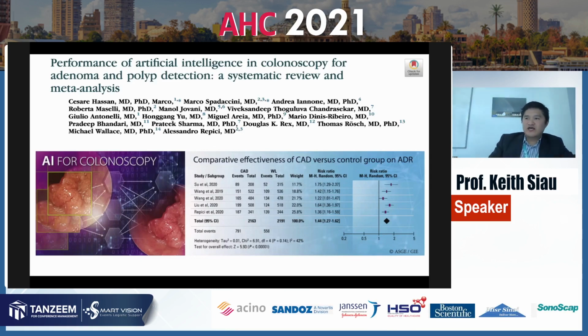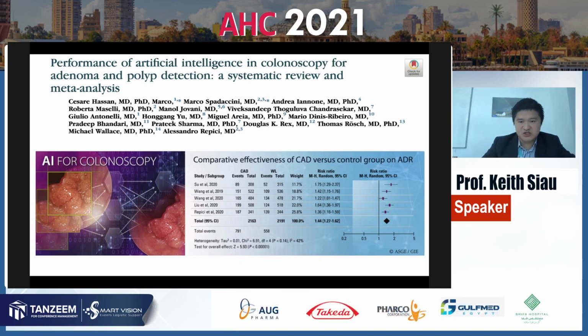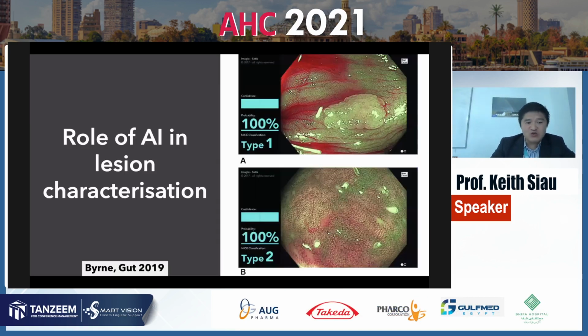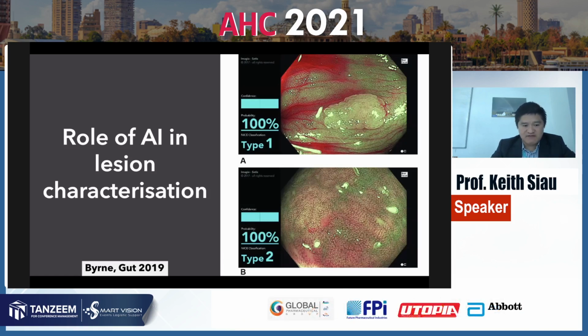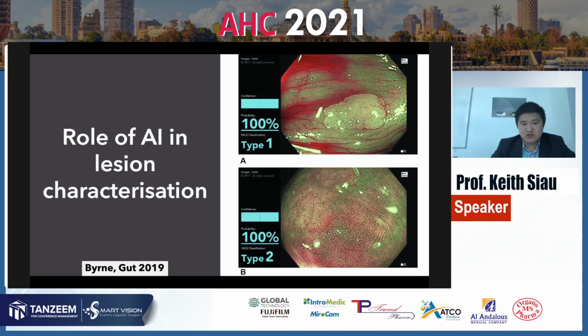And it's been shown that AI not only improves polyp detection, as shown in this meta-analysis of superstars, some of whom may have spoken at your conference already, but also there's a role in characterizing. So this platform can characterize between NICE type 1 and NICE type 2 or type 3 lesions, and it even gives you a probability.